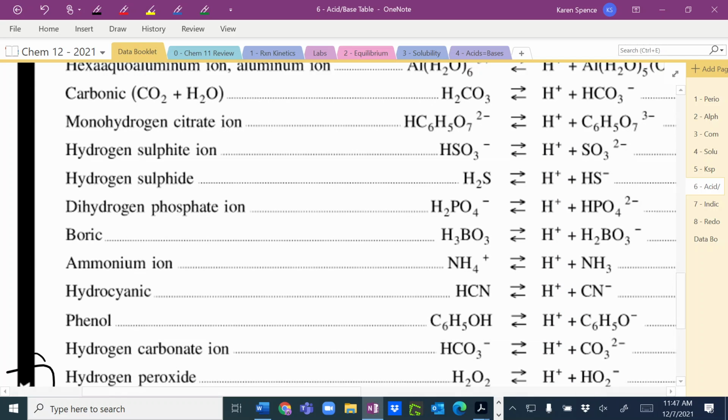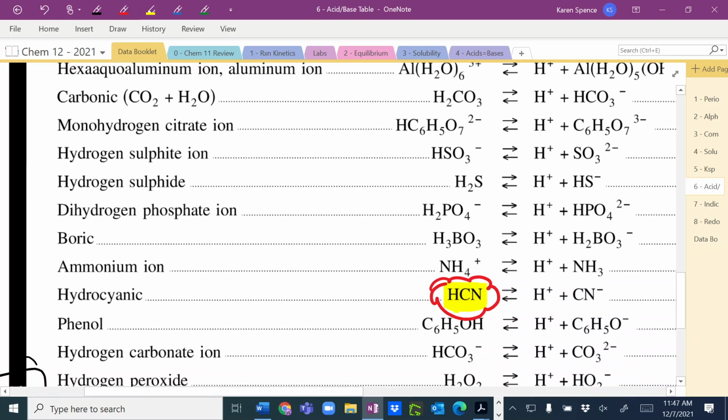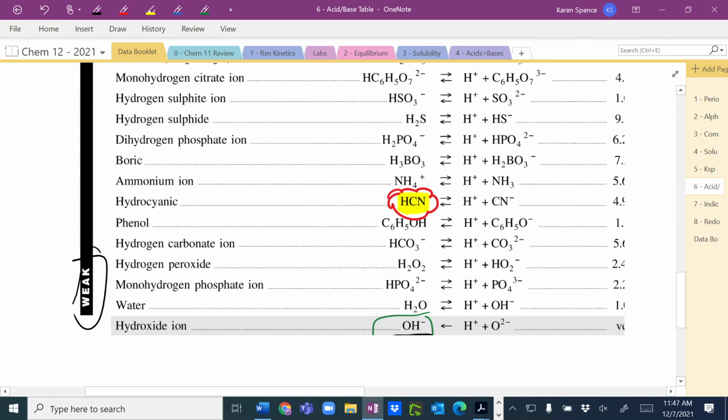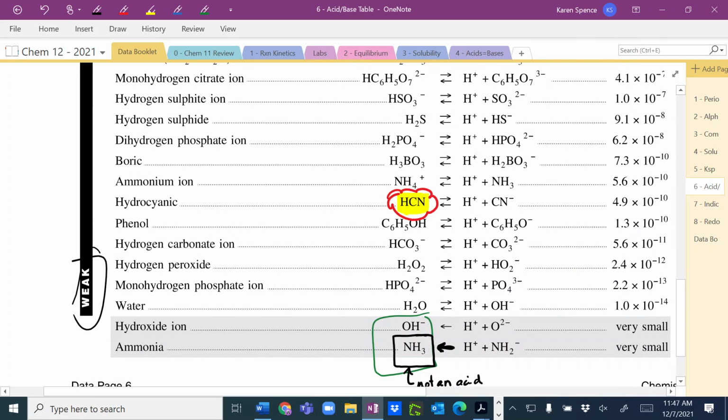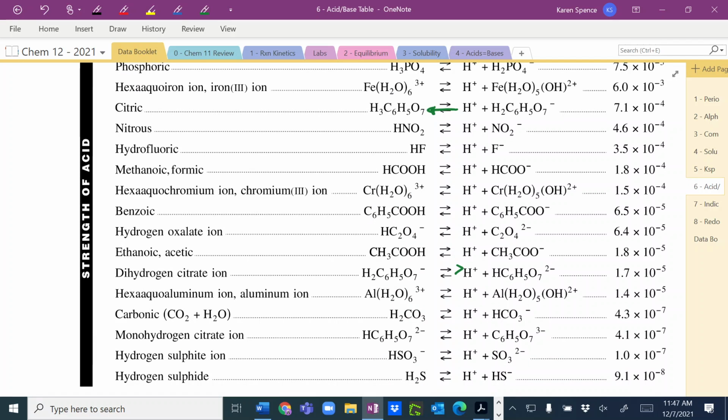I think it's low down. There it is. Okay, hydrocyanic acid, HCN. Our other acid that we are looking for is HF. Oh, there it is.